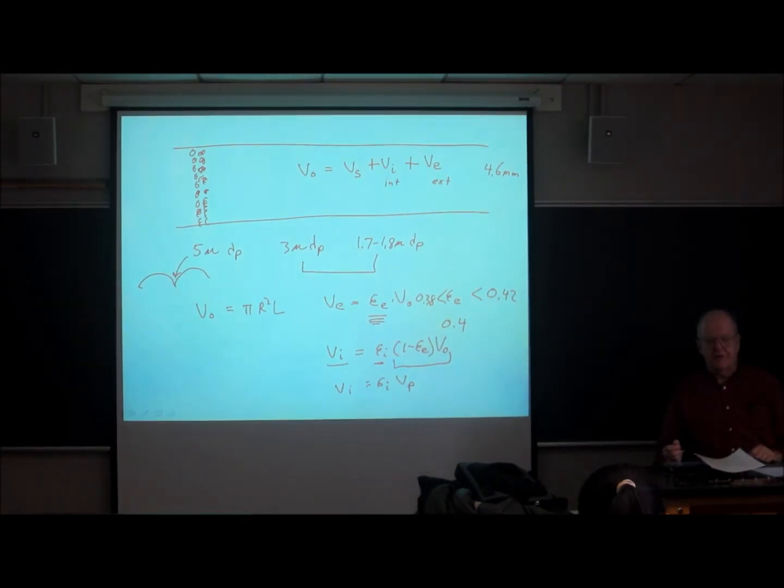There are velocities that correspond to most of these different kinds of volume in the system. And frequently in the literature, you'll see people talk about the superficial velocity. Engineers like this one.